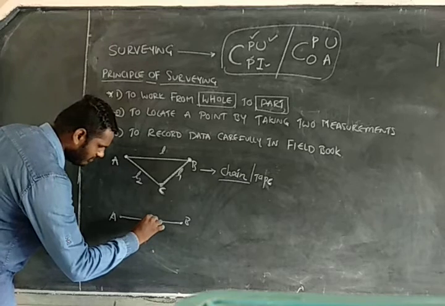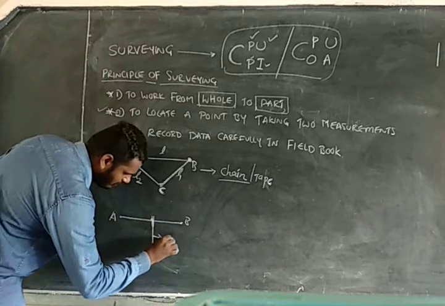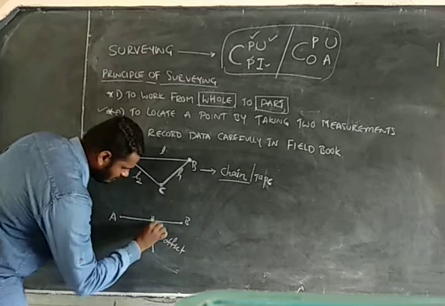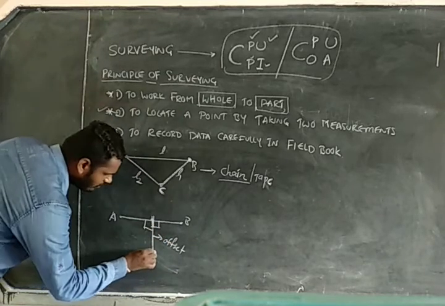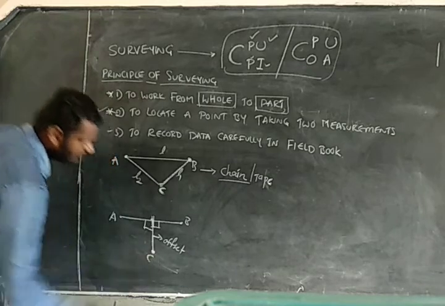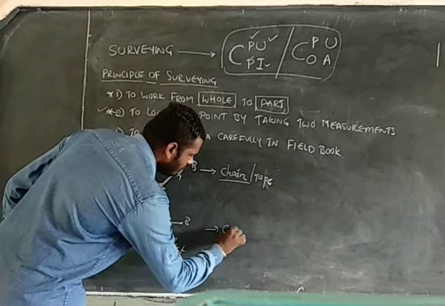By sighting from the cross staff, you can erect an offset, which makes 90 degrees to the baseline. And now you can locate the point C. So this can be done by using the cross staff.